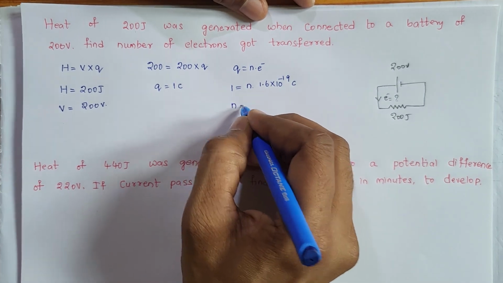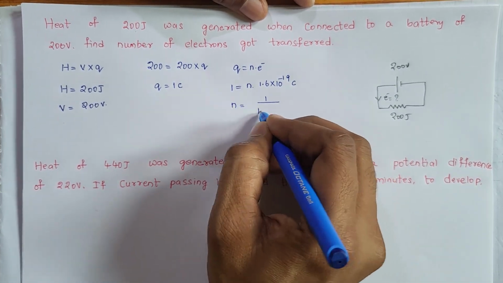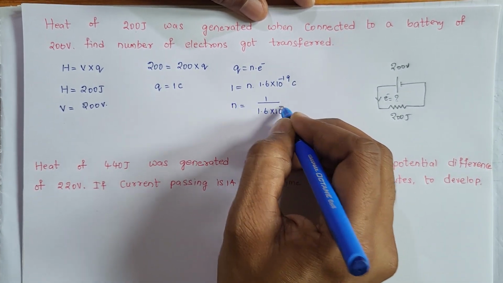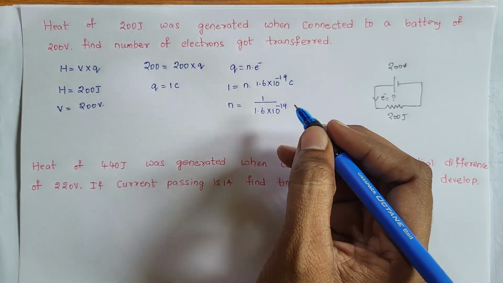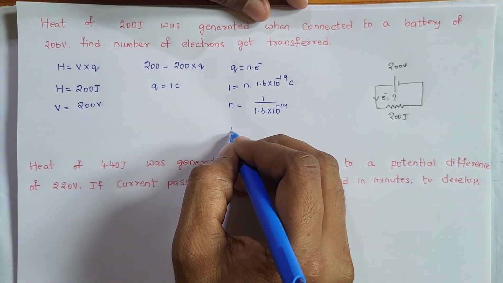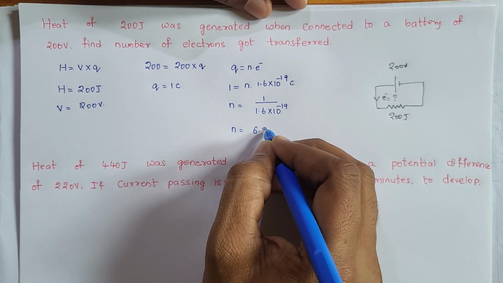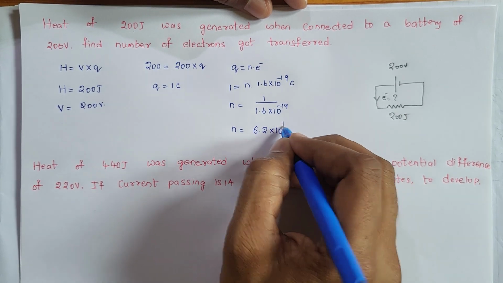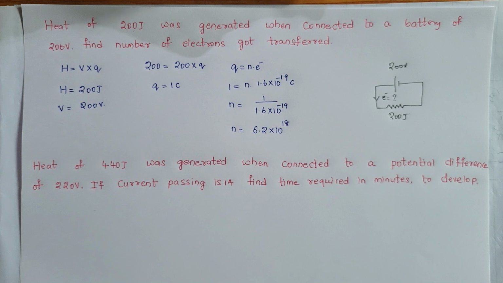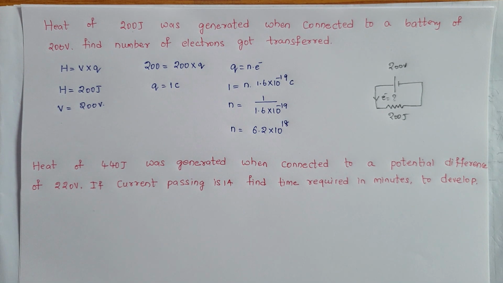So n is equal to 1 divided by 1.6 into 10 power minus 19. It is going to be 6.2 into 10 to the power of 18. Okay, these many number of electrons need to be transferred for generation of that much heat.